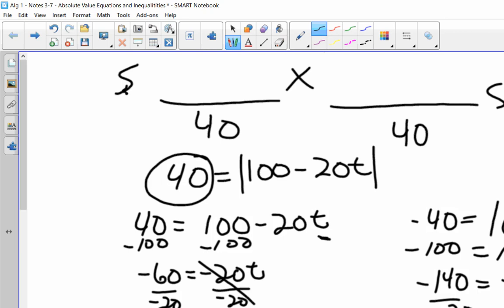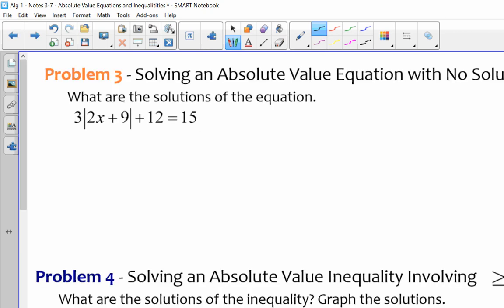Okay. All right. On this equation, if you have a printed handout, this number actually was a 10, and I've changed it because we're trying to teach you how to solve these things, and this one gave me an answer of no solution, and it took me a long time to get to no solution.